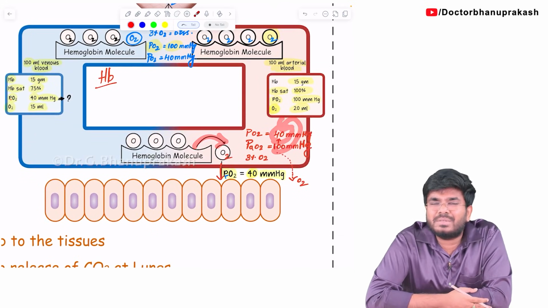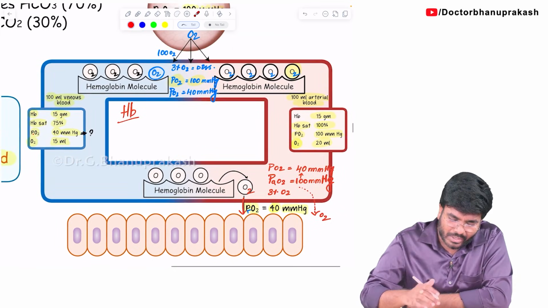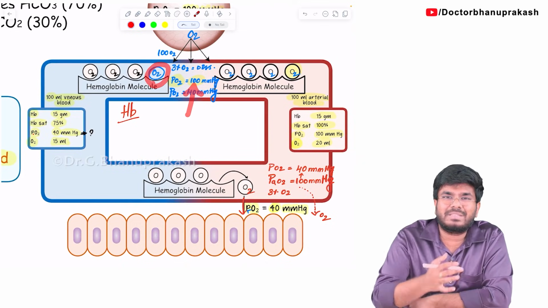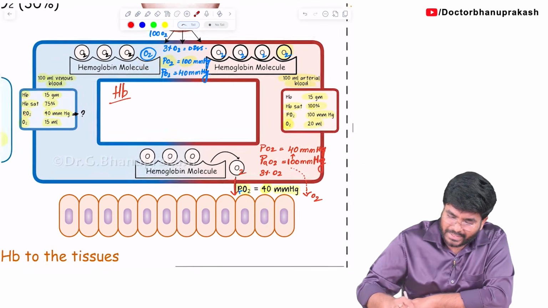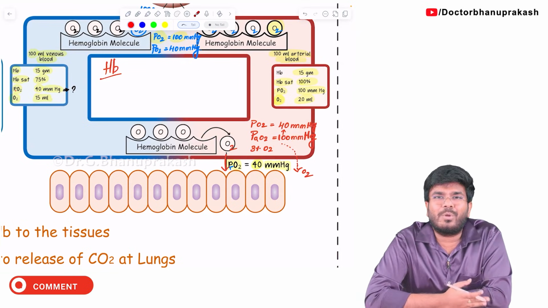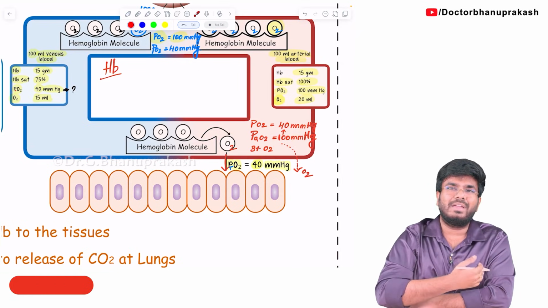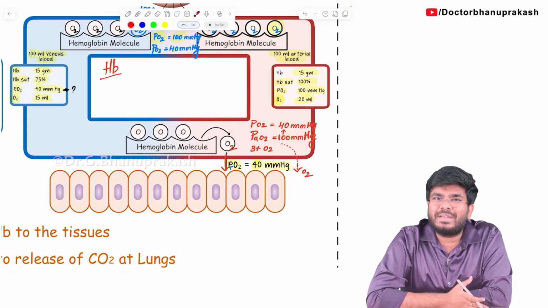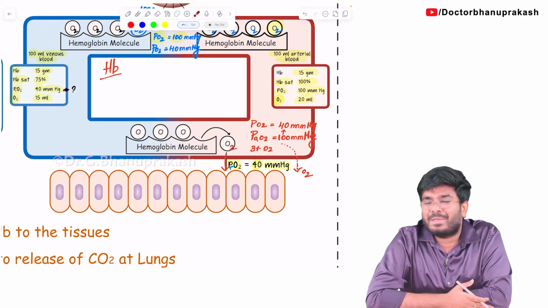It's just like a husband: whenever you are getting more dowry, the husband is loving the wife, accepting the wife. Whenever the dowry decreases, he is releasing the wife, kicking her out. That's why we write hemoglobin as HB. HB stands for husband.